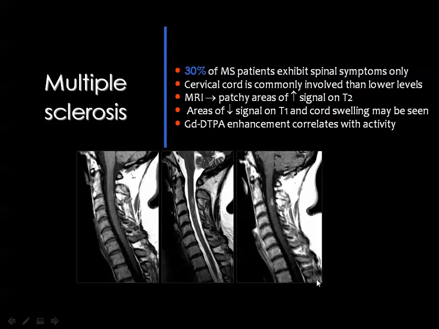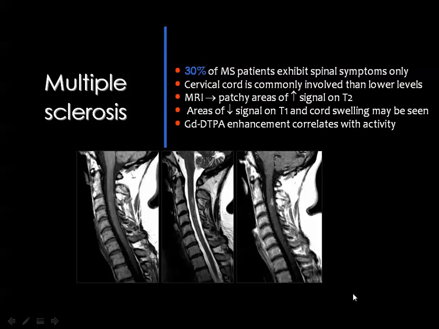The lesion will appear as a focal or less commonly diffuse area of signal abnormality. It cannot be usually appreciated in the T1, but it will be seen in the T2 weighted image as an area of high signal. Then if you inject contrast media and the lesion shows enhancement, this means that this lesion is active, exactly similar to the lesions in the brain.